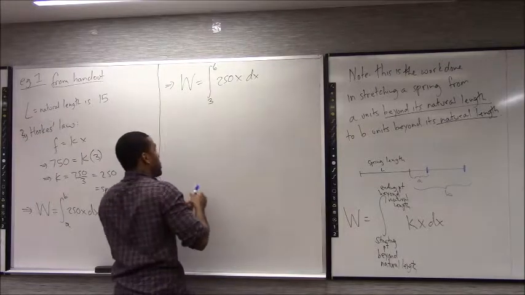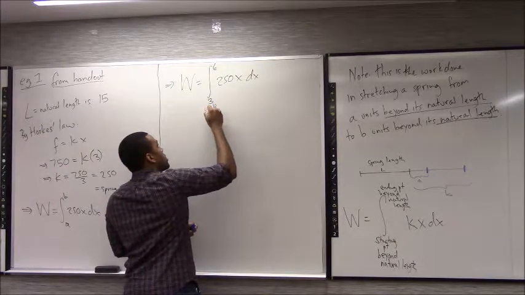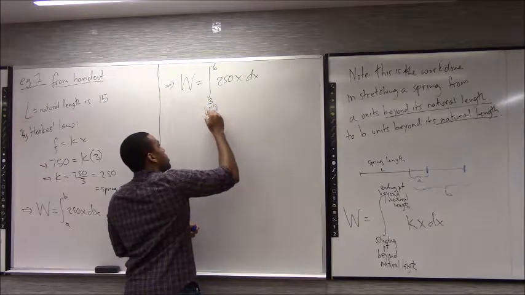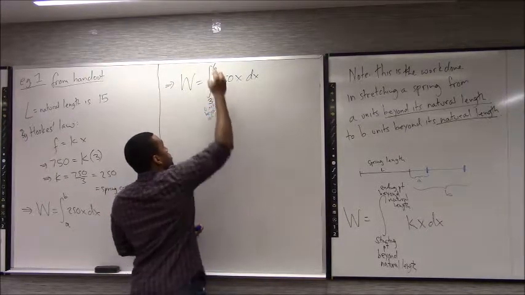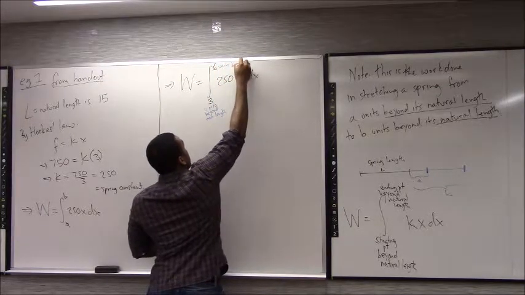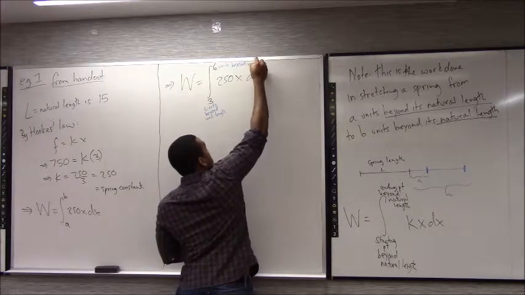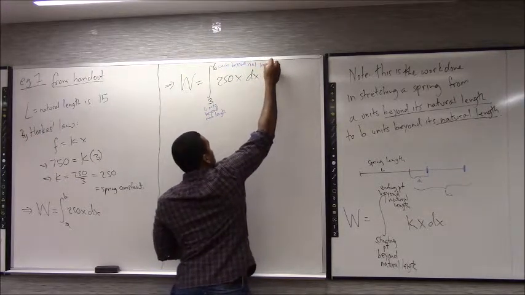So this is 3 units beyond natural length. And we're going up to 6 units beyond natural length. We already compressed it by 3 units, now we want to compress it to 6 units, and we're going to find the integral.